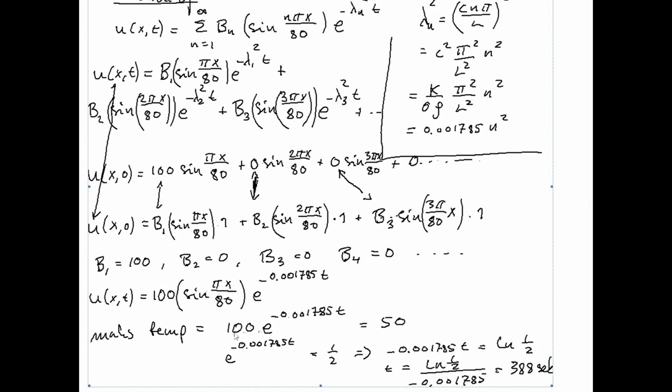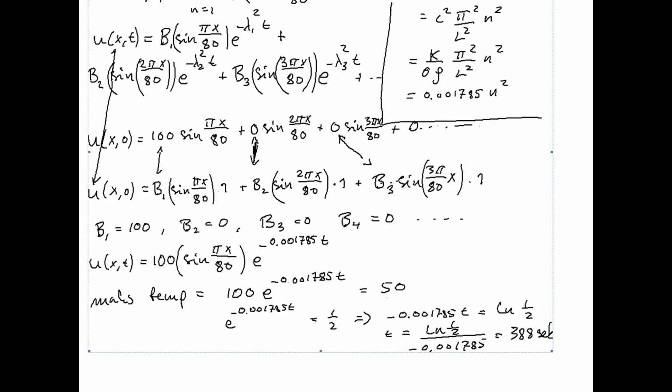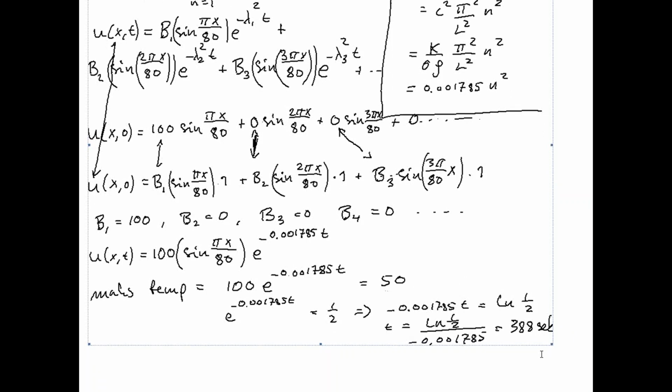So we know that the temperature here is 100 times the exponential function of this expression, and it should be equal to 50 because that was our question. What is t then? In order to find this t, it's rather trivial.